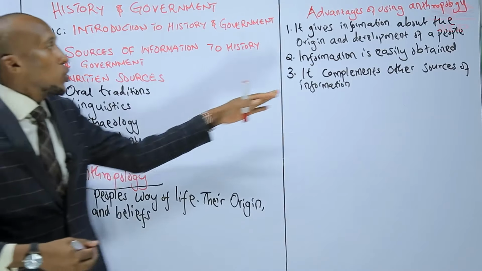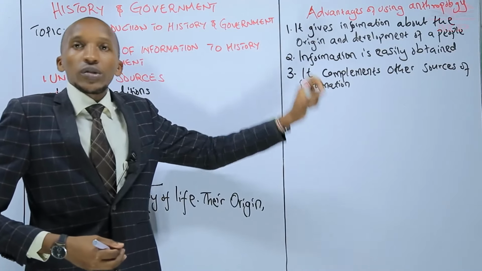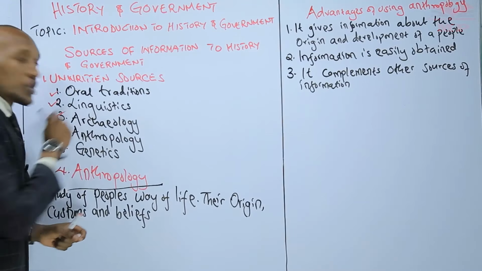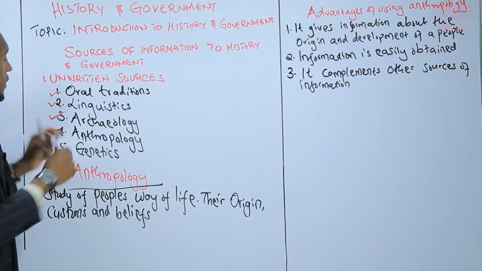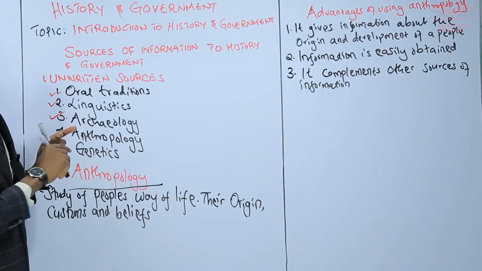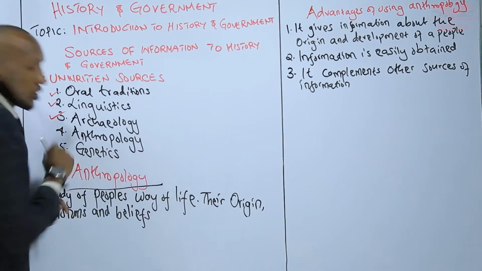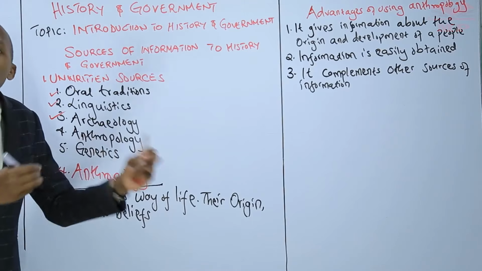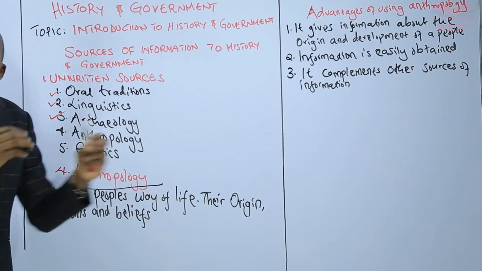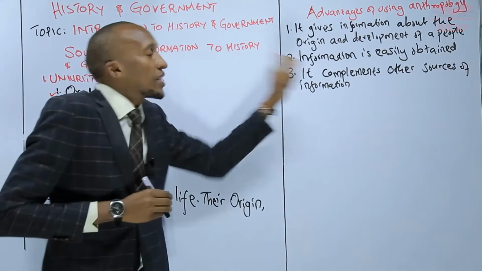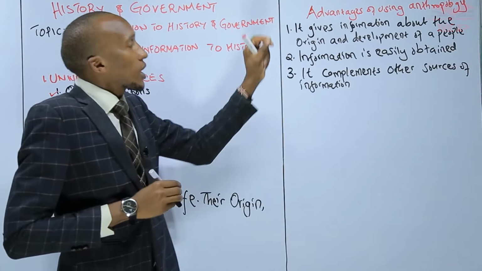Because as you study a person's culture and belief system, you need to understand their language. So the linguists will be able to interact with the anthropologists. That is complementation. They work hand in hand. So that is another advantage of using anthropology.